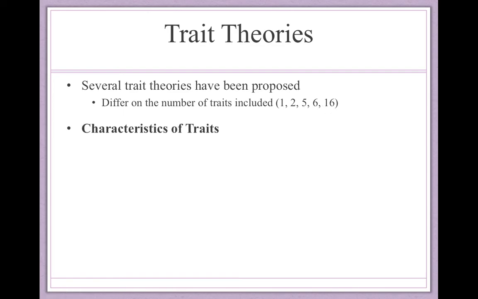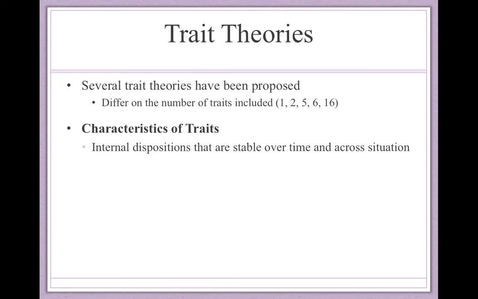The characteristics of traits for all of these theories say that internal dispositions are stable over time and across situations. So yes, we do behave differently over situations, and over time we learn, but these traits don't tend to change.